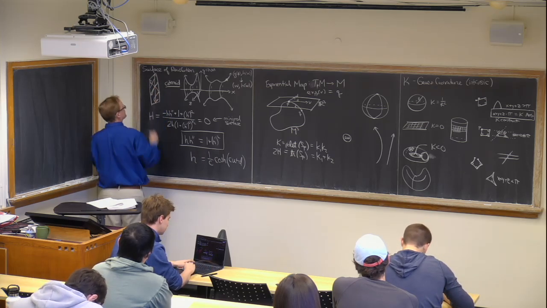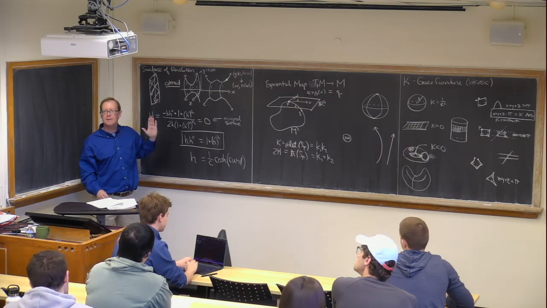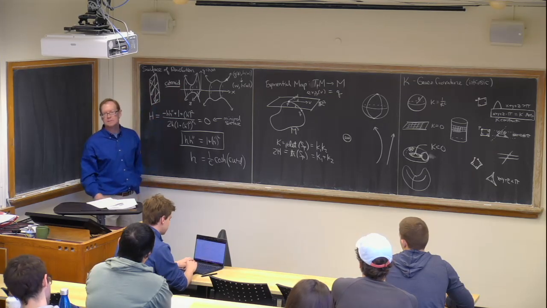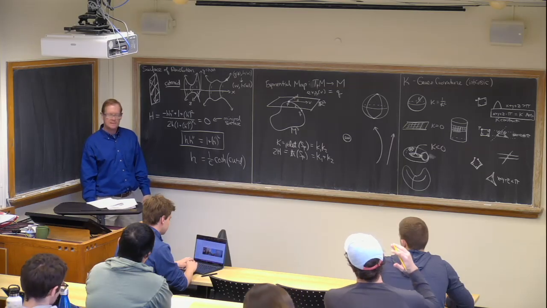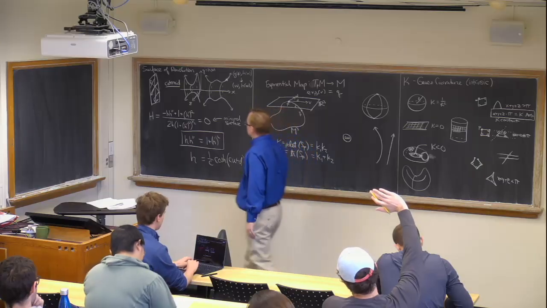I didn't draw it very well. You take a vertical line and rotate it around, you get a plane, right? Okay, so basically all surfaces of revolution that have h equals 0 are either a plane or a catenoid. That's the argument. So cool stuff.